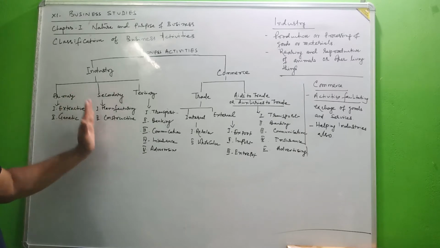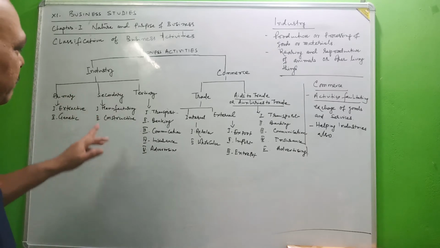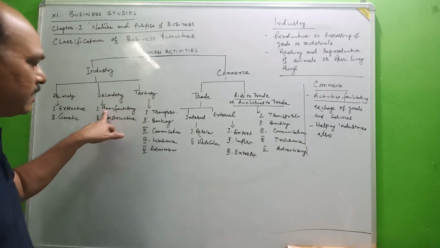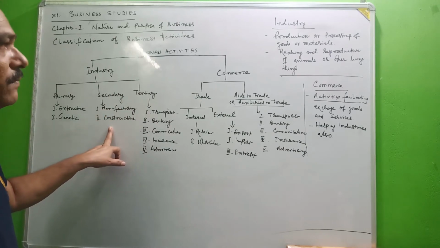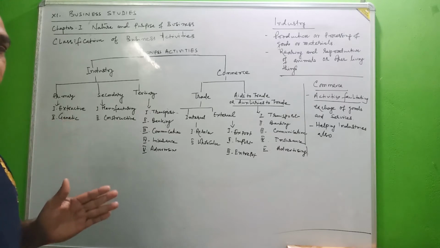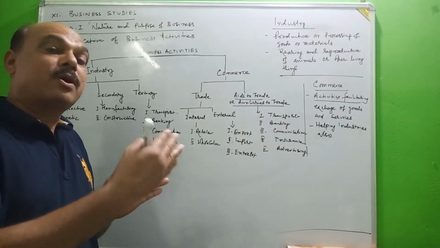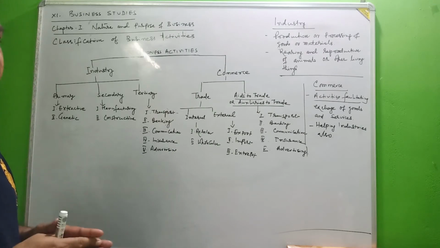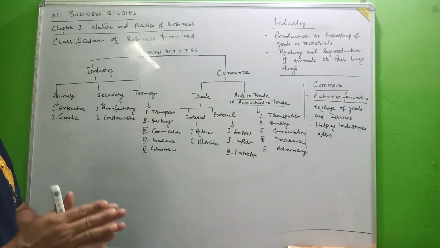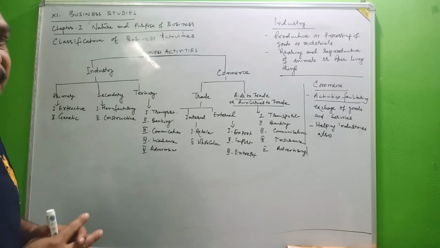Then come to the manufacturing industry, secondary industry. Under secondary industry, there are manufacturing and constructive. Under manufacturing, one particular raw material is transformed into another product. For example, iron ore is the raw material for the steel industry.